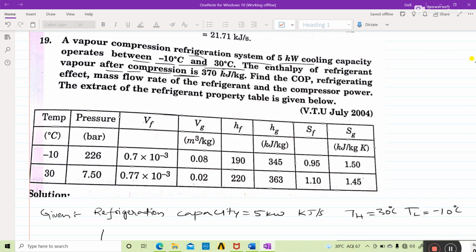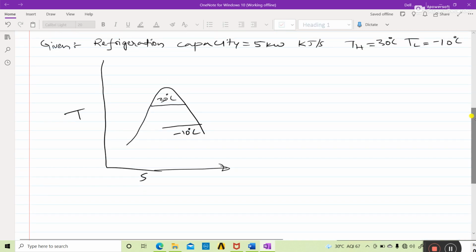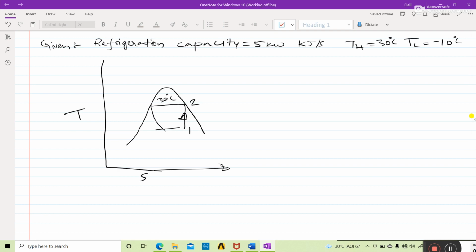Suppose I draw a TS diagram like this: 1 to 2 is compression, 2 to 3 is condensation, 3 to 4 is a constant enthalpy process. After compression, the enthalpy is H2, they have given it as 370 kilojoule per kg.